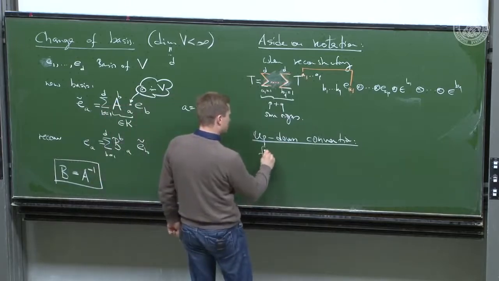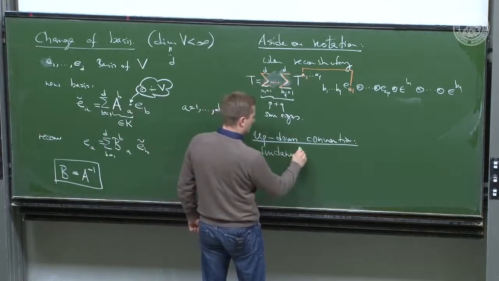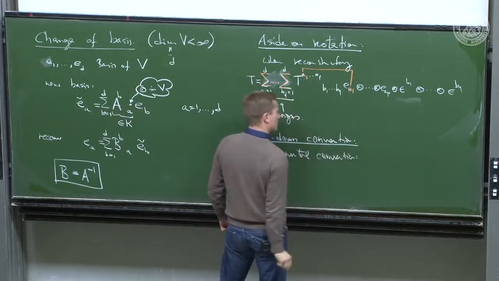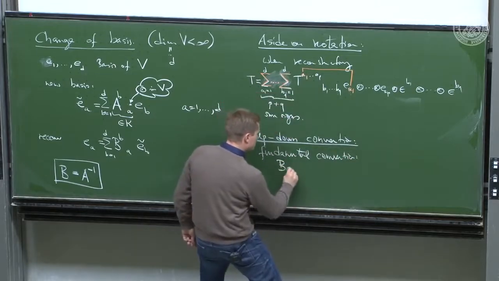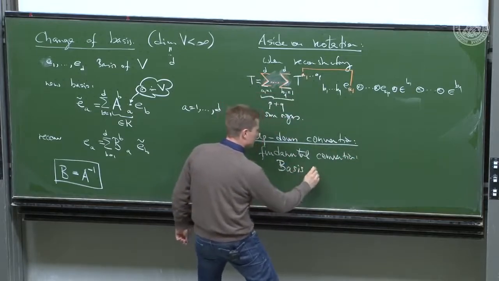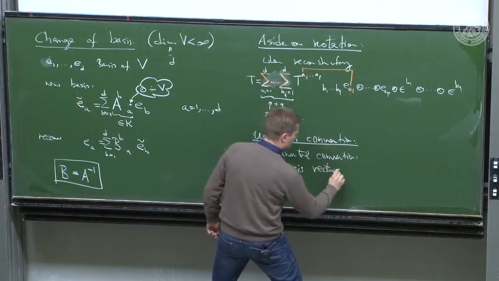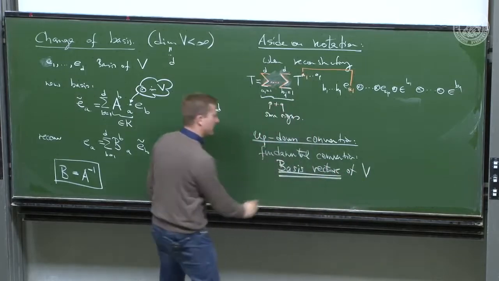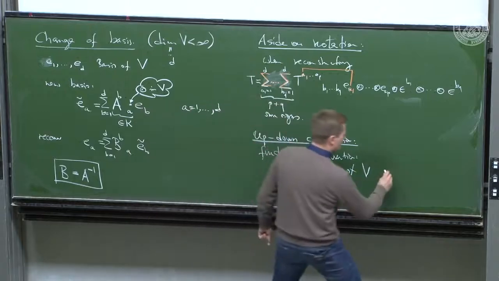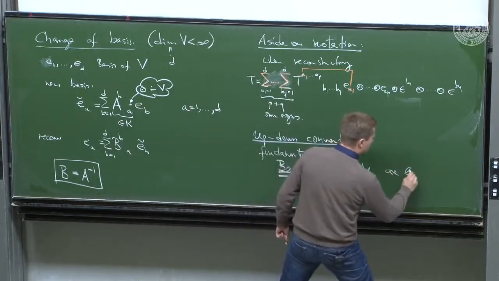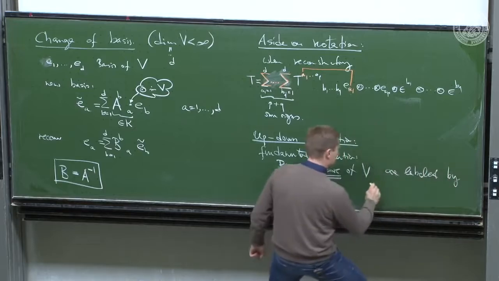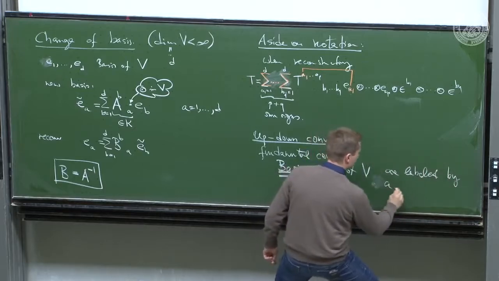The fundamental convention is that the basis vectors of V are labeled by a downstairs index.